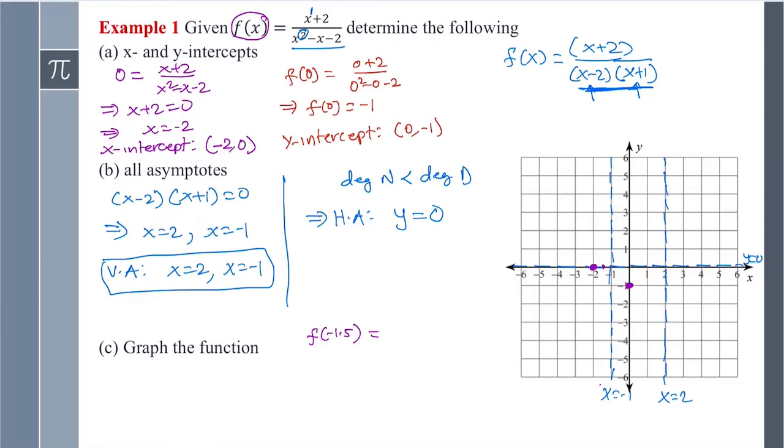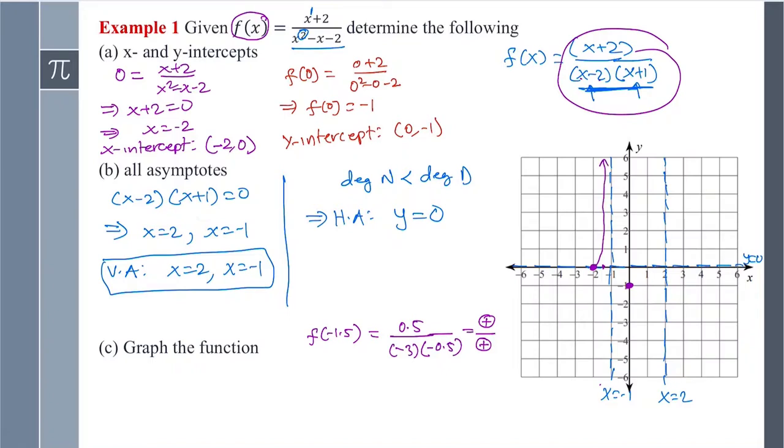So -1.5 plus 2 is 0.5, divided by -1.5 minus 2, which is -3, times -1.5 plus 1, which is -0.5. So we are getting positive in the numerator and also positive in the denominator. That means the function is above the x-axis. So here the function goes this way.